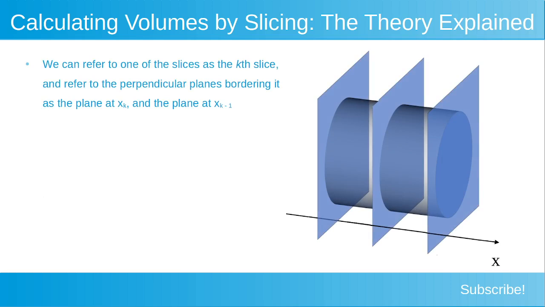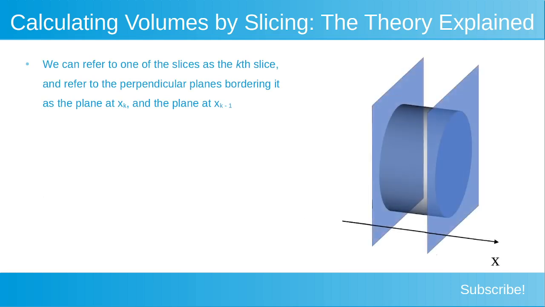We can refer to one of the slices as the kth slice and refer to the perpendicular planes bordering it as the plane at x subscript k and the plane at x subscript k minus 1.